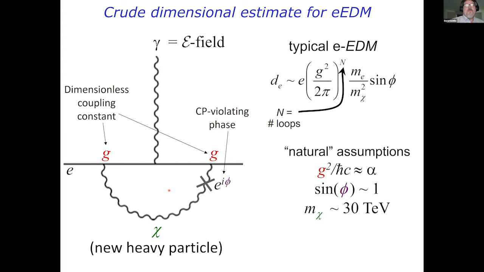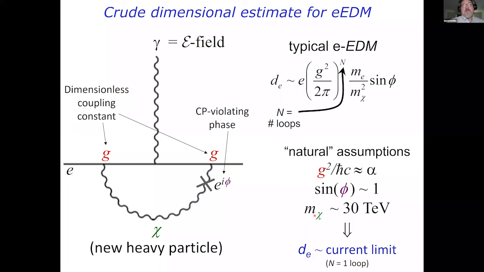With some reasonable assumptions for the coupling strength and the CP violating phase, we find that already the current experiments that I'll tell you about are limiting the mass of this particle to be above about 30 TeV, which is above the energy that's hit by the Large Hadron Collider.